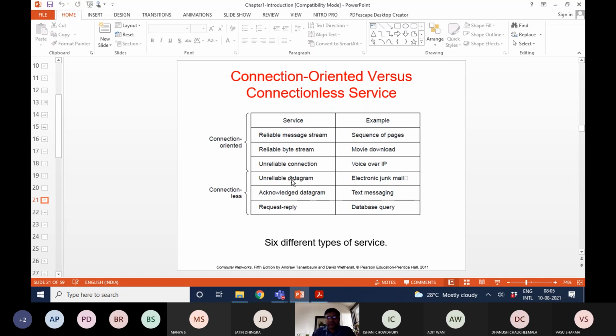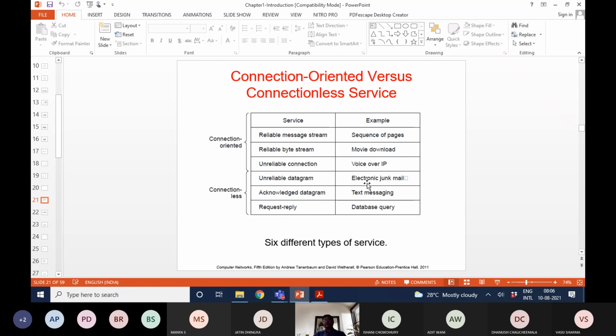That's why voice over internet protocol is sometimes called an unreliable connection, but it is a connection oriented service. It depends on the internet as well as on power.